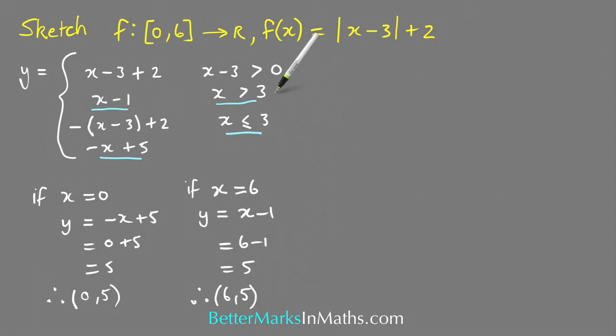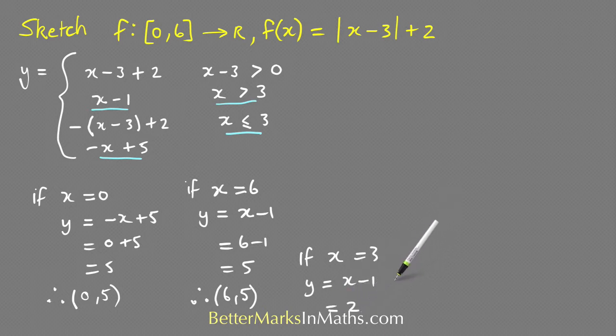And then the other thing is that this value of x equals 3, that's where these two linear functions meet. So for that x value, all you have to do is let x equal 3, and if you sub it into the top function, x minus 1, you get 3 minus 1, which is 2.